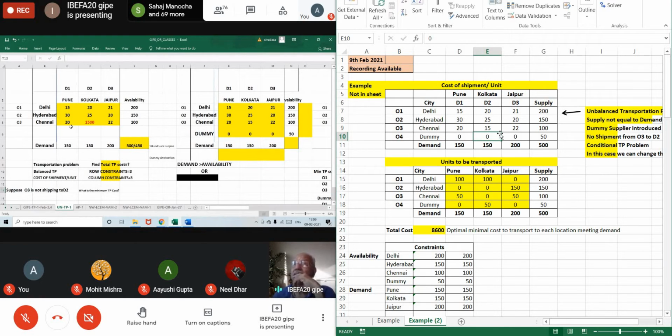Then if you say X greater than 0 from every source, everywhere you have to send minimum 1. Then what is the meaning of minimizing the transportation cost and meeting the demand? Why are these numbers different? 15, 20, 21, 20, 25. It all depends on the distance and convenience of transportation. Am I right?